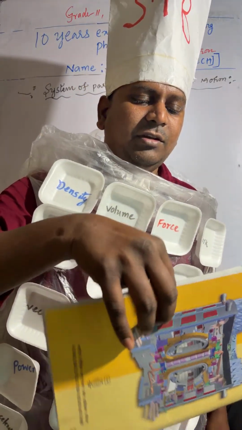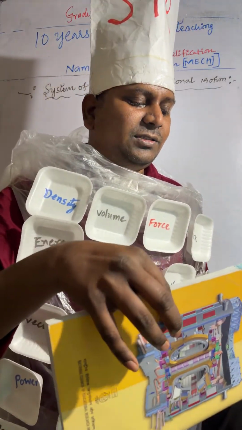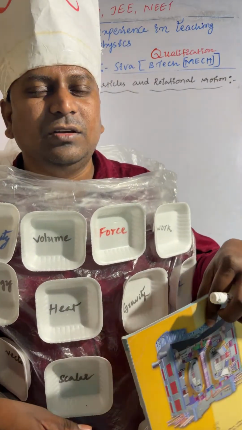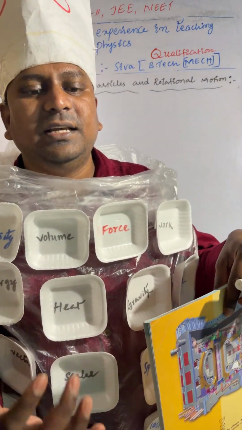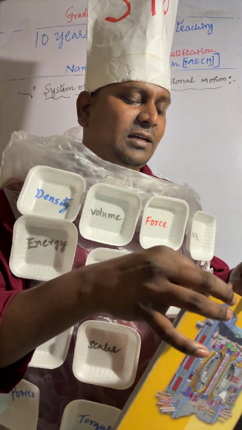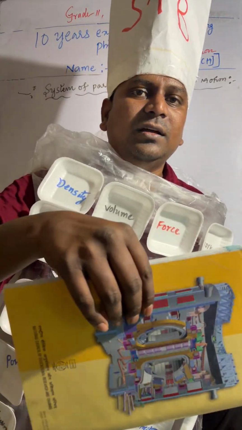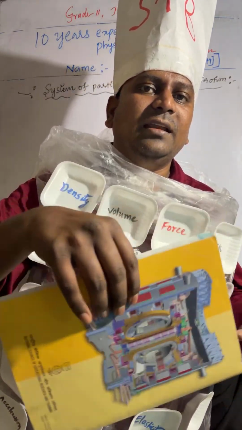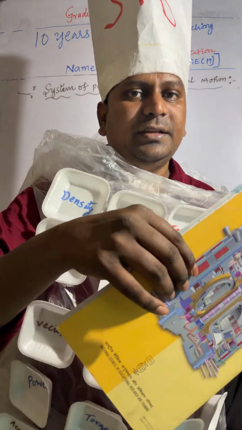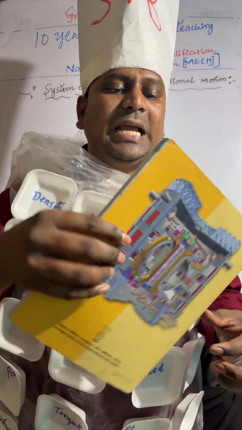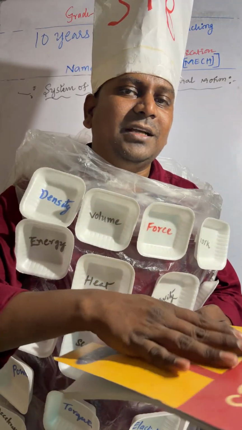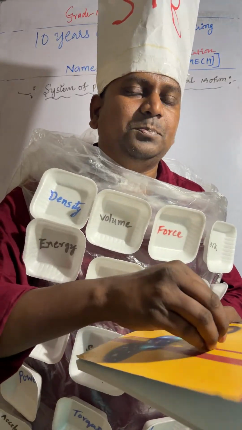Normally we hold books like this. If you're holding like this, it feels a little heavy. But if you hold exactly here, we can carry this book over a long distance. So the total mass of the body will be concentrated at a particular point.